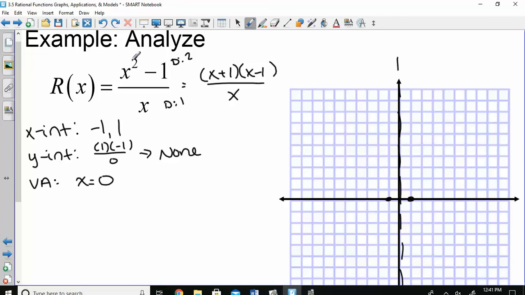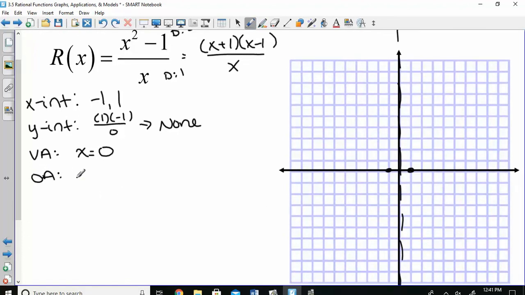So this is oblique. How do we find an oblique? You have to do long division. We're looking for y equals mx plus b. So the x squared minus 1 goes on the inside. If you want, you could put a 0x there as a placeholder. And our x goes on the outside. So then you divide. What's x squared divided by x?